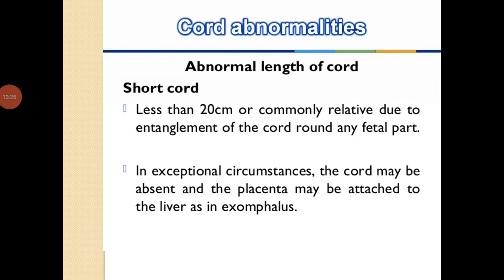A short cord may be a causative factor in failure of the fetus to descend. In such an event, it might additionally cause abruptio placentae, umbilical hernia, fetal distress, rupture of the cord, shoulder dystocia, or a combination of these.